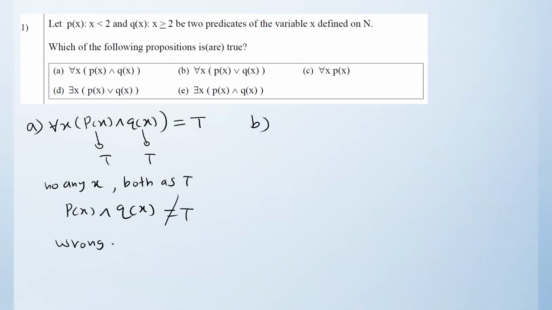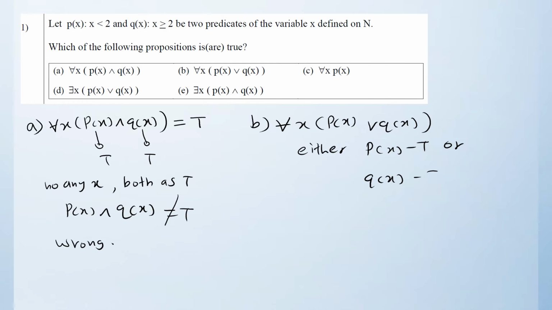Part B. For all x, P(x) or Q(x). Since for all the x values, we noticed either P true or Q true, definitely P(x) or Q(x) is true.